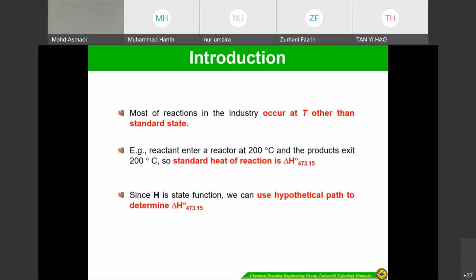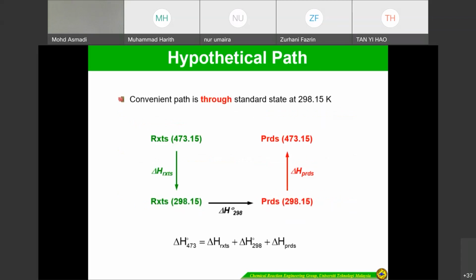What we have to do is use a hypothetical path. Do you still remember how to use this hypothetical path?